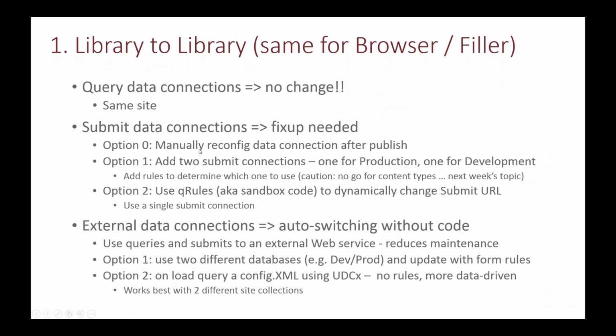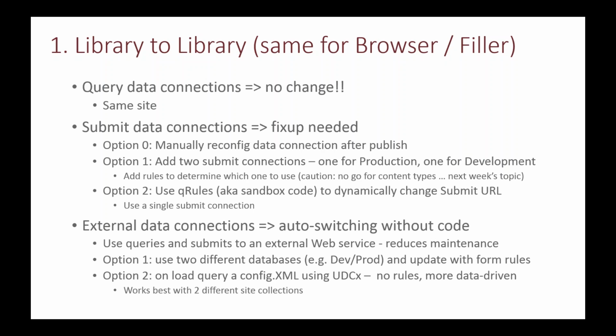But just keep in mind that after you publish it, you do have to fix up that submit data connection, because it won't automatically change it. The query data connections will stay the same, but if you're submitting to the library, you will need to fix it.